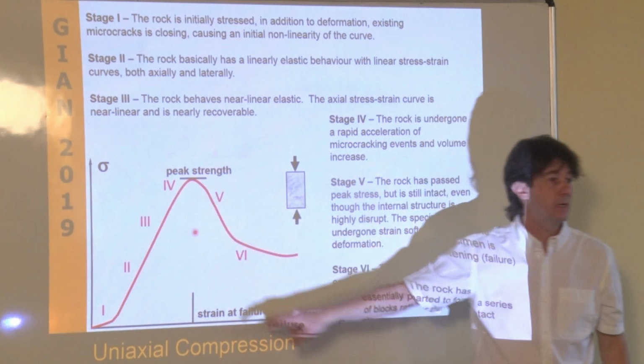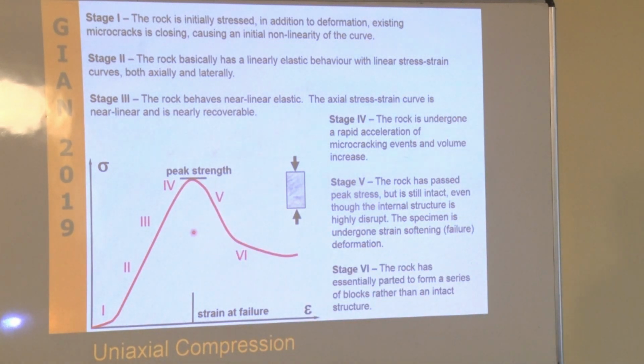And how it fails will tell you if the rock fails in a brittle way, so in an abrupt way, very dangerous, or in a softer manner. And that means that it's really a more plastic response. It's soft.